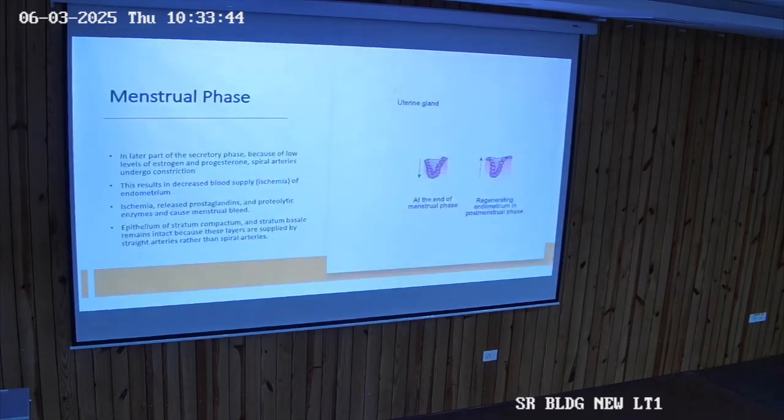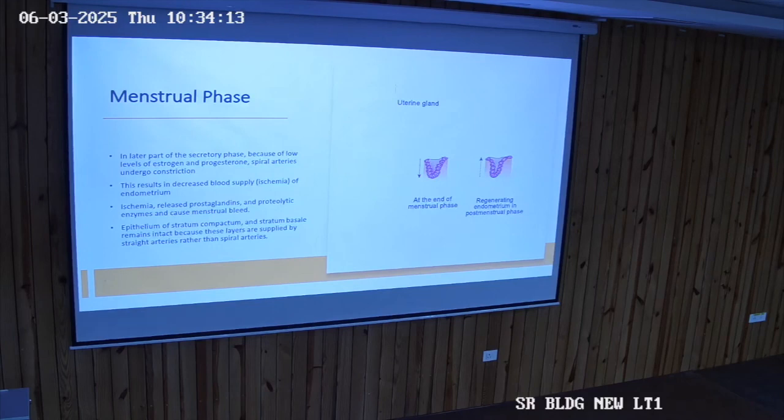Next comes the menstrual phase. Because of the absence or low levels of estrogen and progesterone, the layer that has been grown starts shedding off. So this results in decreased blood supply to the glands, which causes ischemia, release of prostaglandins, proteolytic enzymes, and leading to the bleeding.